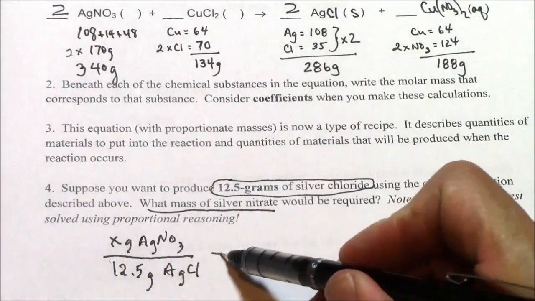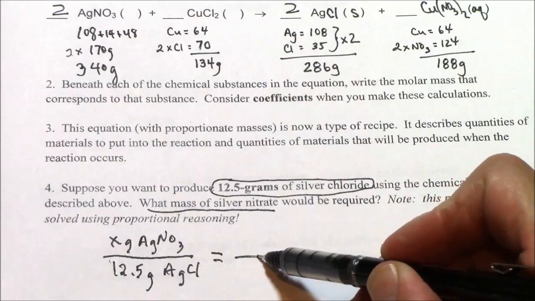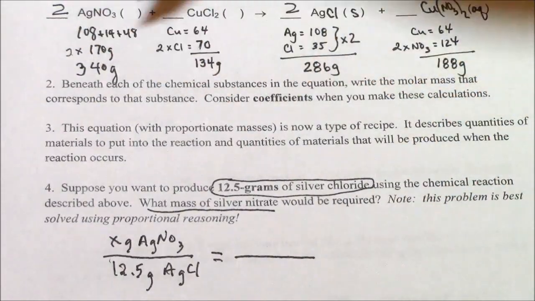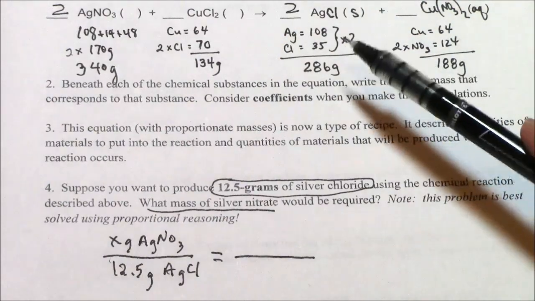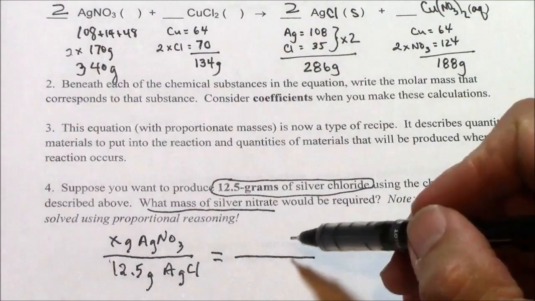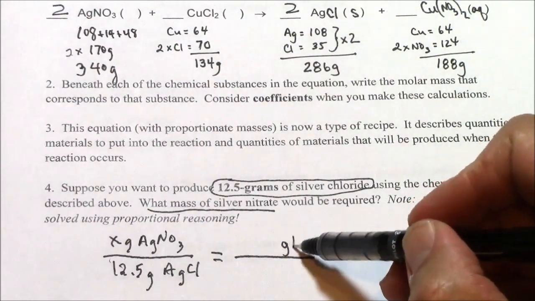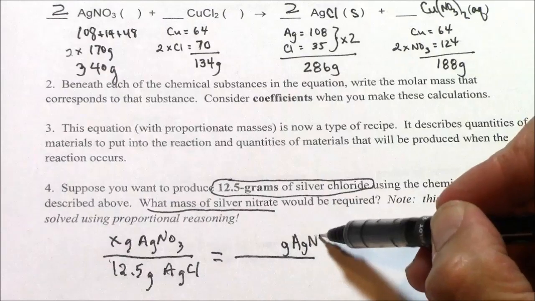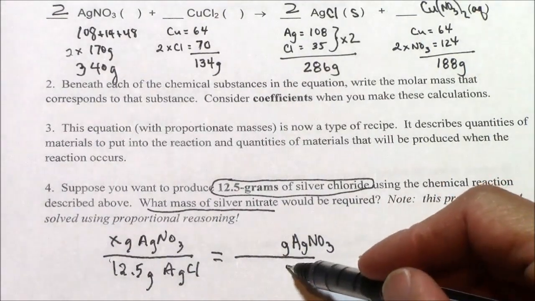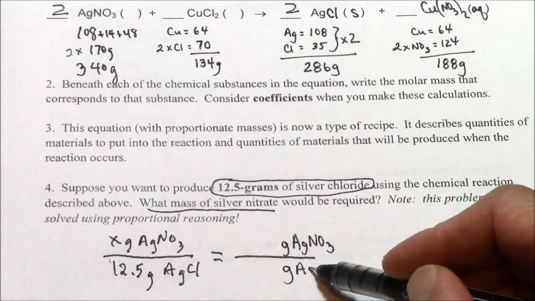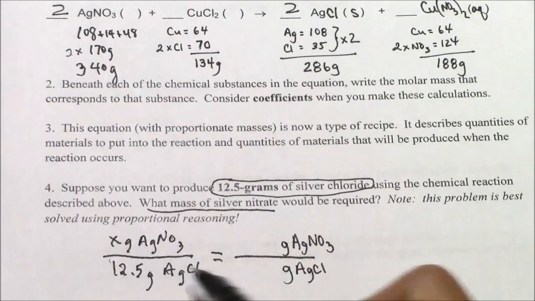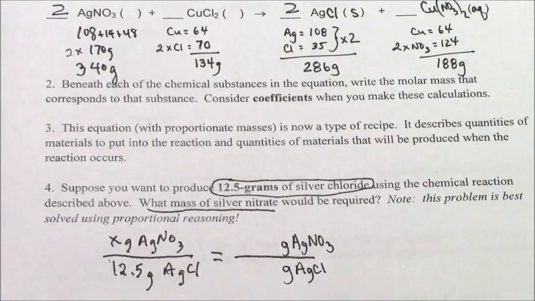That's half the proportion. The other half of the proportion relies on the recipe here. This is the original recipe. This tells you what the known ratio will be. This will have to be grams of silver nitrate so that it lines up. This will have to be grams of silver chloride so that both the top and the bottom correspond to what's on the other side of the proportion.